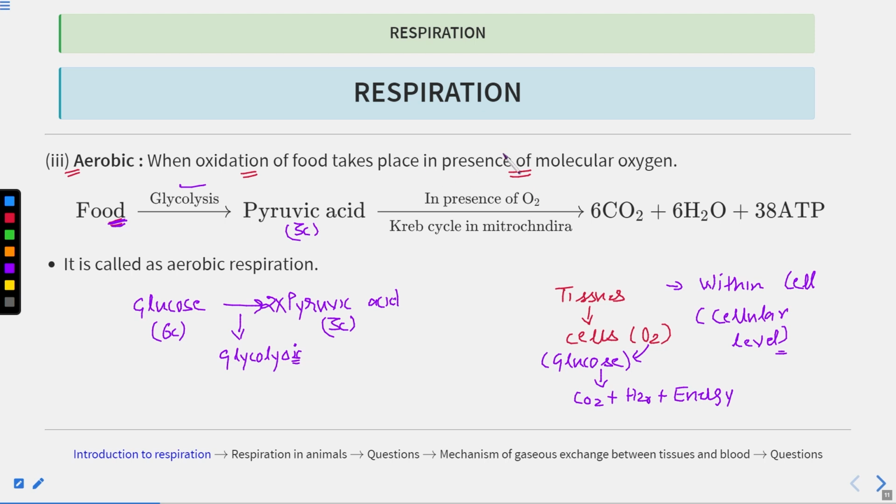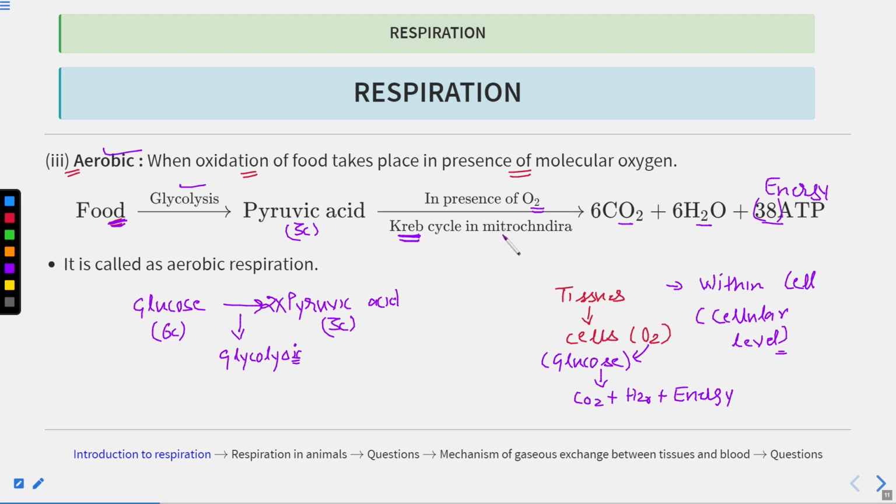Now this pyruvic acid, which is produced in the presence of oxygen, takes part in the Krebs cycle. Okay, and at the end of the Krebs cycle, what is produced? Carbon dioxide, water, and energy is released in the form of ATP, and 38 ATP are formed during aerobic respiration.